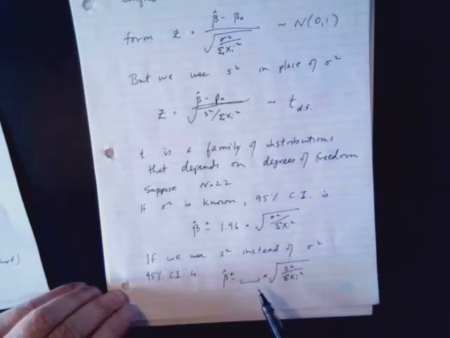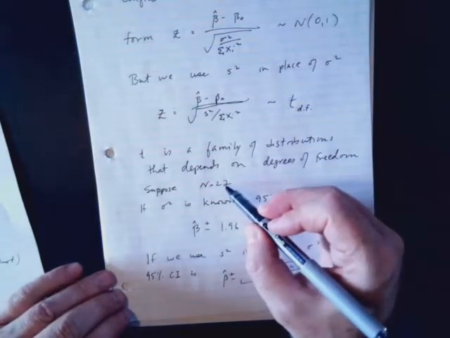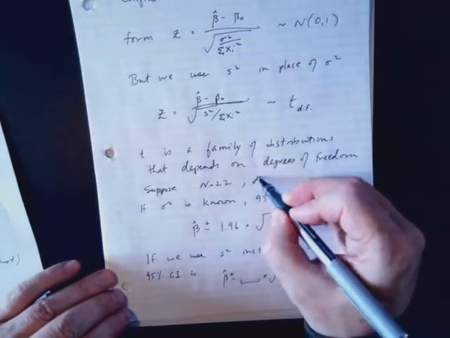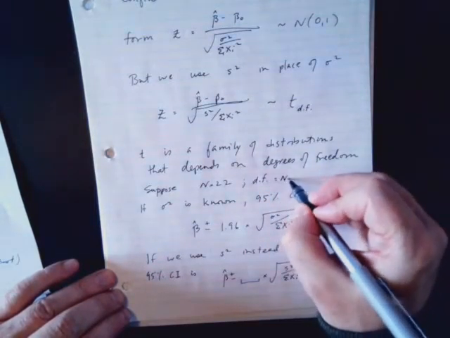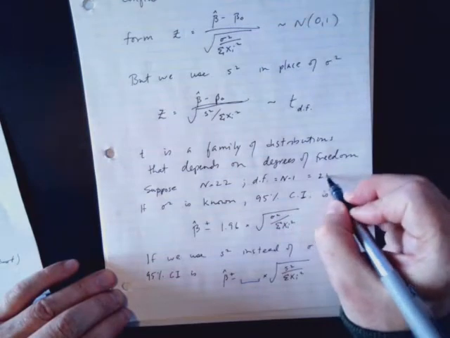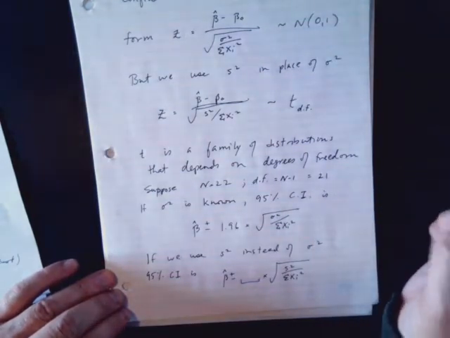Now, the number that we're going to use, in the simple regression case, the degrees of freedom equals n minus 1, which in this case is 21. Okay.